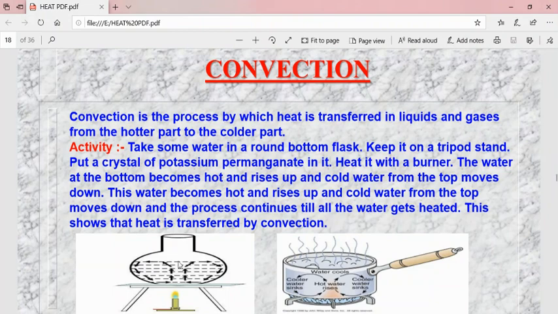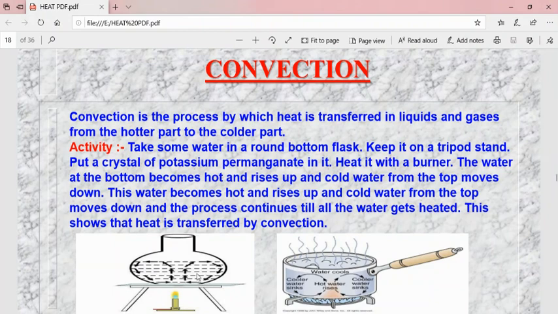And next, the water at the surface which is cold is more dense, so it will come and settle at the bottom, and again those water molecules will get heated and become less dense, and again they will rise up. So this process will go on continuing till the water gets heated overall.